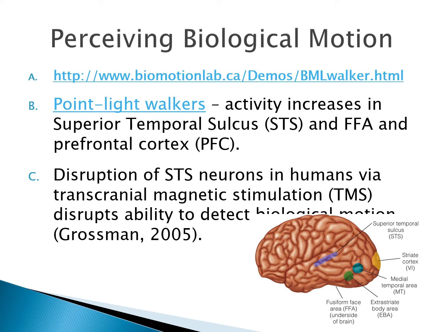But it's reacting to these point light walkers, as is the fusiform face area, as is the prefrontal cortex, or the PFC. So this appears to be a network of regions that are activated by something like biological motion.